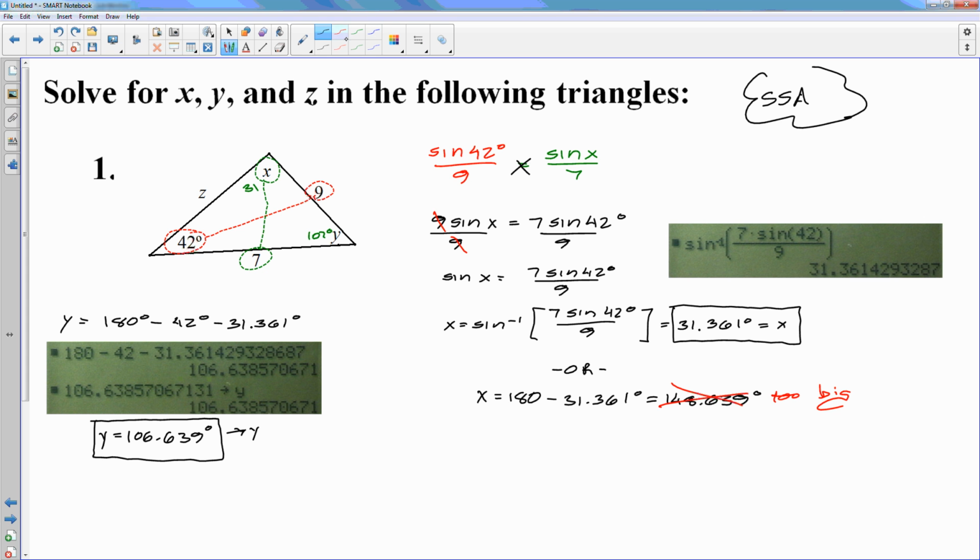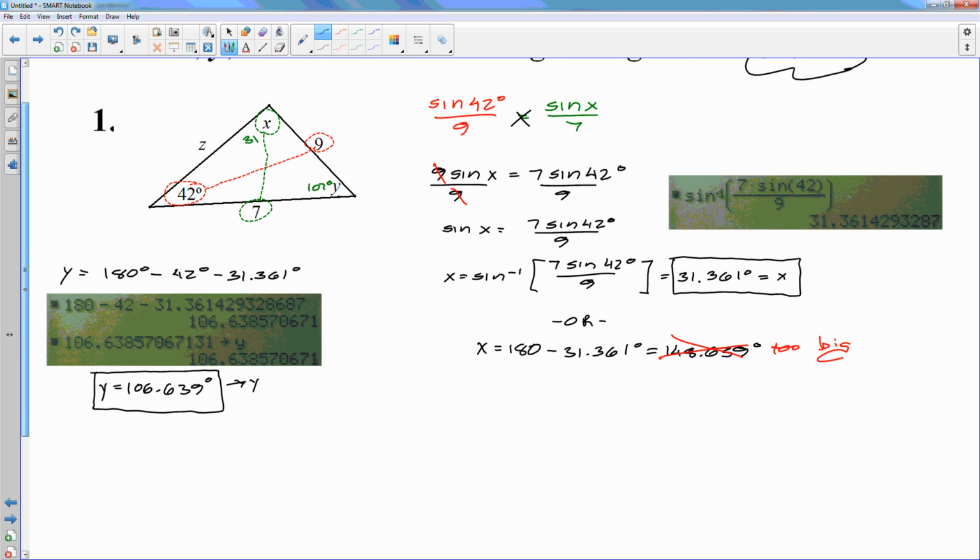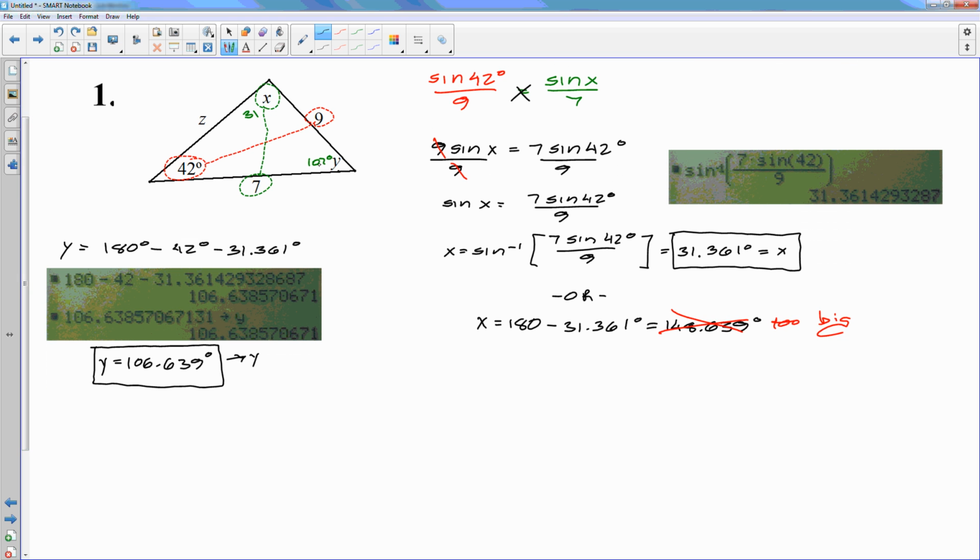So now we need to solve for z, and the way we're going to solve for z, let me scroll down a little bit, is I'll do sine of 106.639 over the opposite side of z is equal to, and I'm going to stick with 42 and 9. You want to use as much given information as you can, so sine of 42 over 9, and then we'll cross multiply and solve that equation.